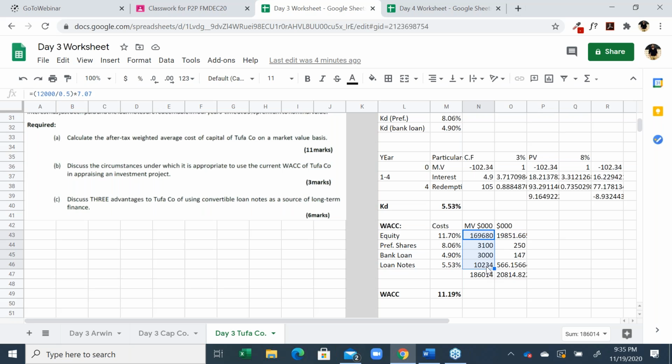Usually not. You will either have to raise funds through issuing shares, obtaining bank loan, or issuing preference shares or loan notes. Usually, either of these, or it may be altogether something different. It may be a convertible loan note.